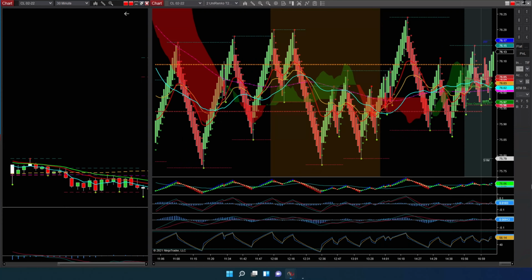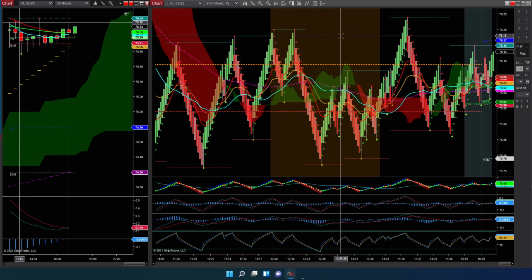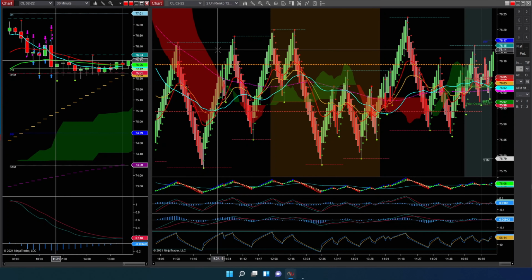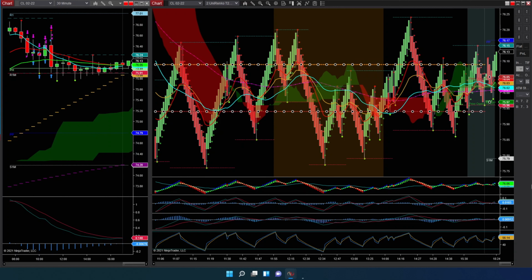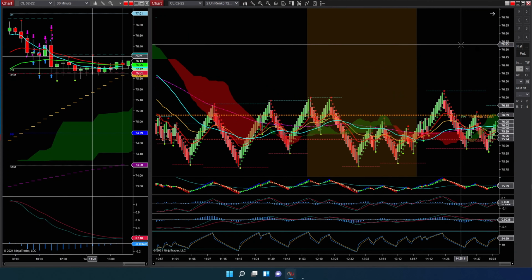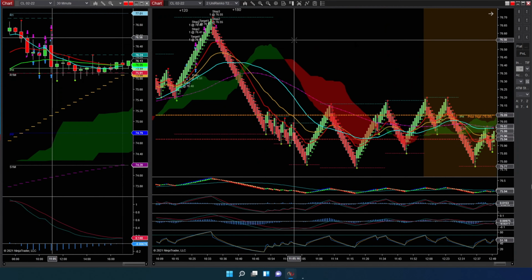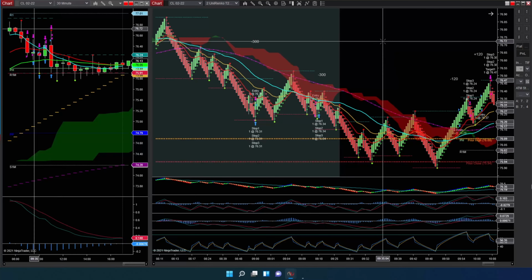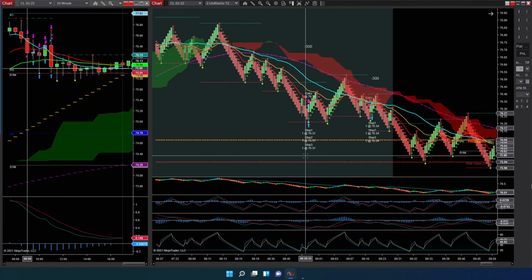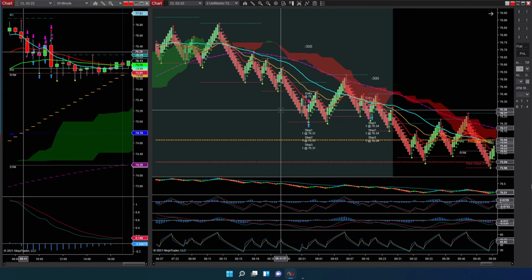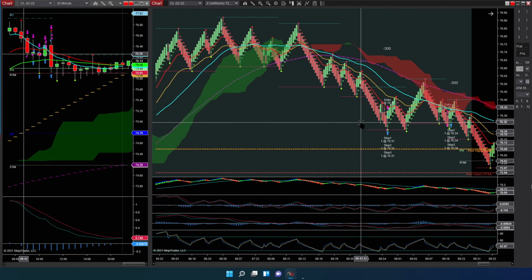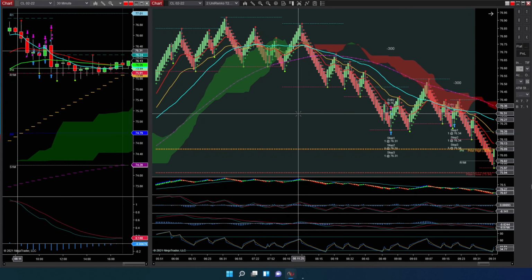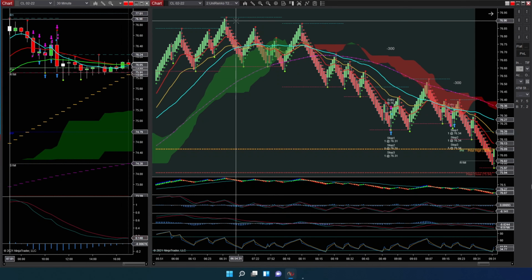Okay, so let's look at the entry chart. Here is where I started to look at the market. It was 7 something a.m. and the market was in this range.